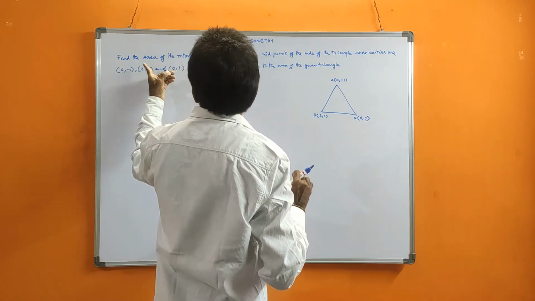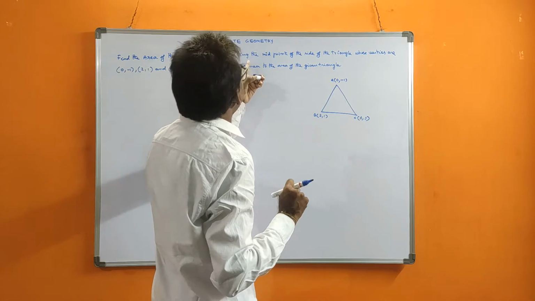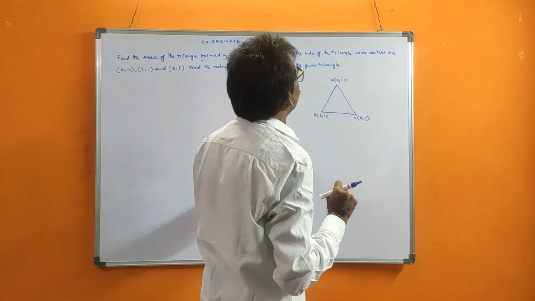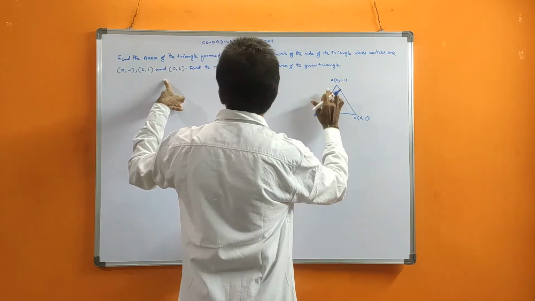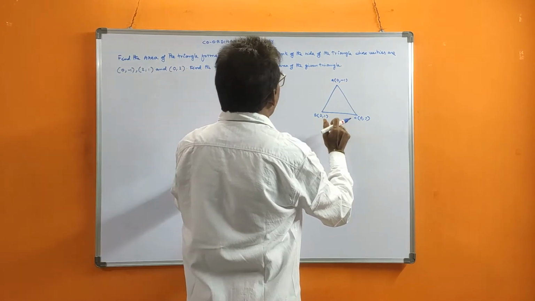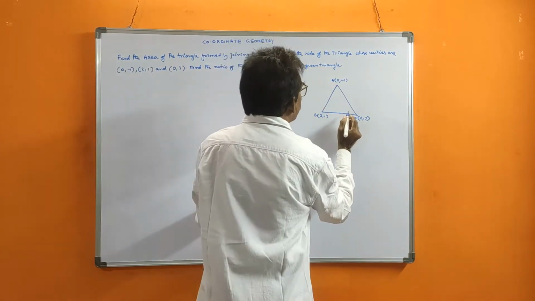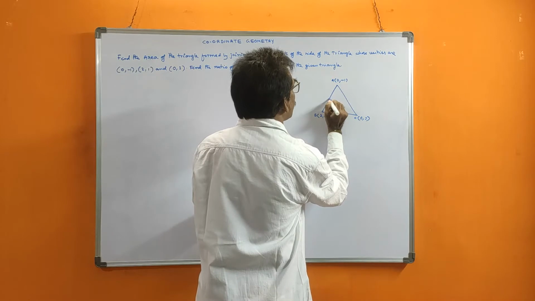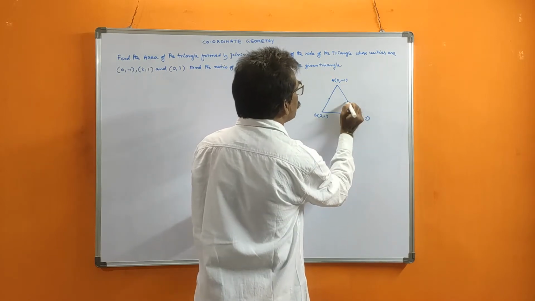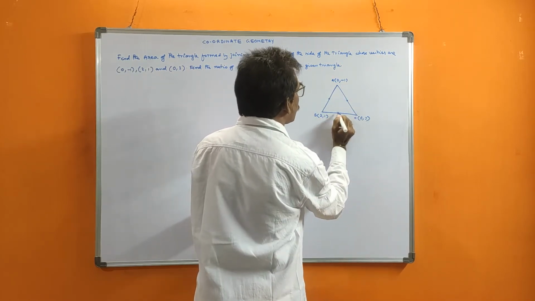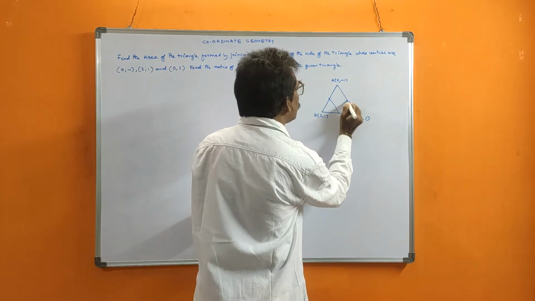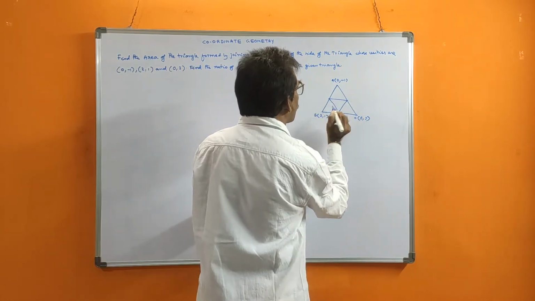What is being asked? Find the area of the triangle formed by the midpoints of the sides of the triangle whose vertices are given. This triangle is there, and another triangle is formed by the midpoints of the sides. That means you take the midpoint of AB, the midpoint of AC, and the midpoint of BC. By joining these midpoints we will get another triangle.